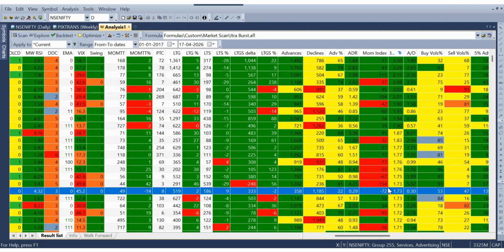So whatever we are seeing right now is 2000 days of data. Now, if you see BAM positive, how many days are there? 1, 2, 3, 4, 5, 6, 7, 8, 9, 10. 10 days out of 2000 trading days in the last 10 years, from January 2017 till Friday of April this year.